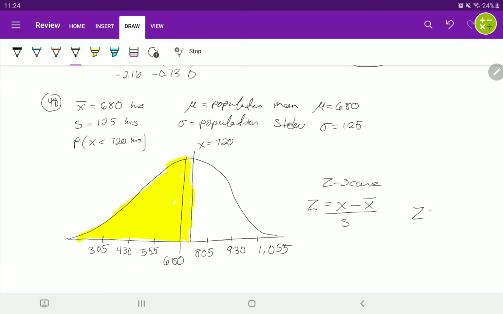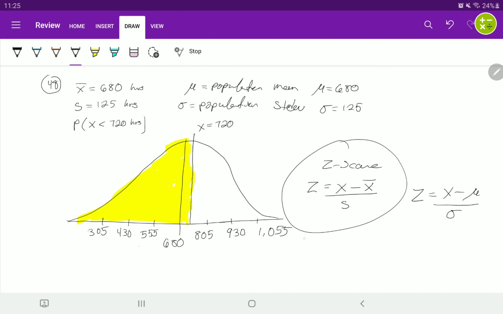Z will equal your data value minus your population mean divided by your population standard deviation. But we're going to use this one. No difference, to be honest. Z equals 720, which is the value that I am comparing to the mean, minus 680, divided by 125.